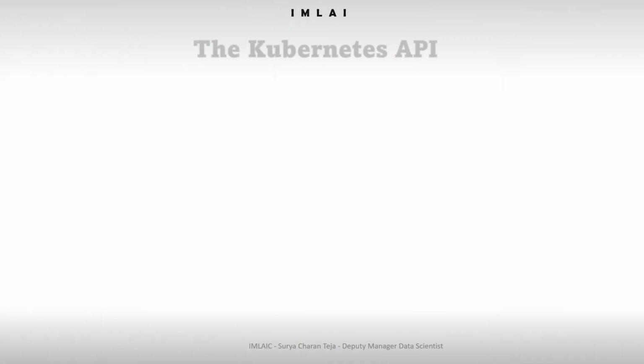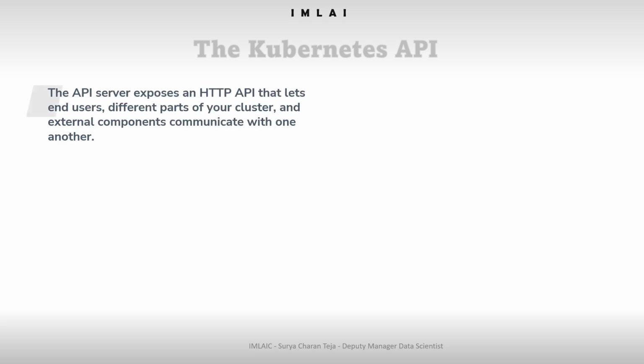So the Kubernetes API. The core of the Kubernetes control plane is the API server. The API server exposes an HTTP API that lets end users, different parts of your cluster, and external components communicate with one another.